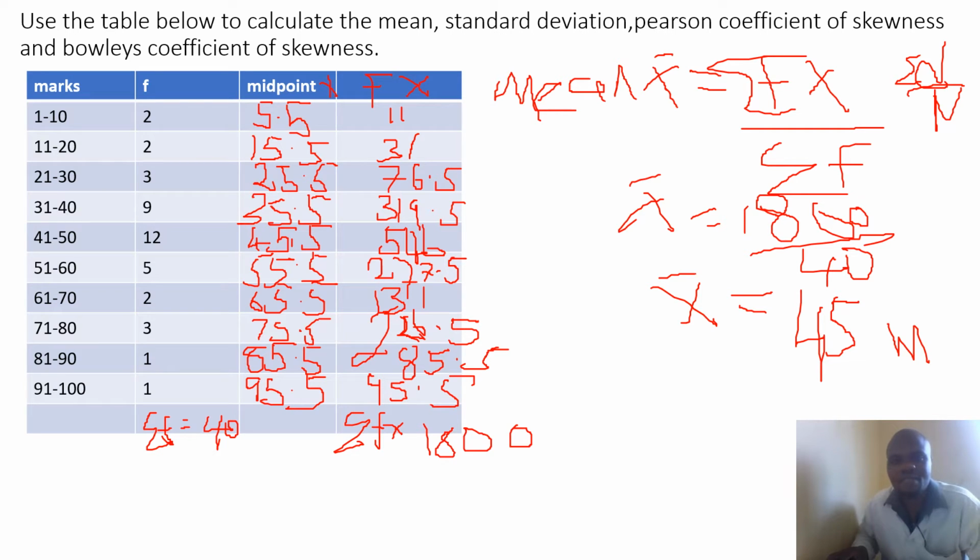And the next thing is for us to get the standard deviation. Remember, the mean was very important for us to be able to get the standard deviation. We have the mean of 45 now, so let us get the standard deviation using the mean.